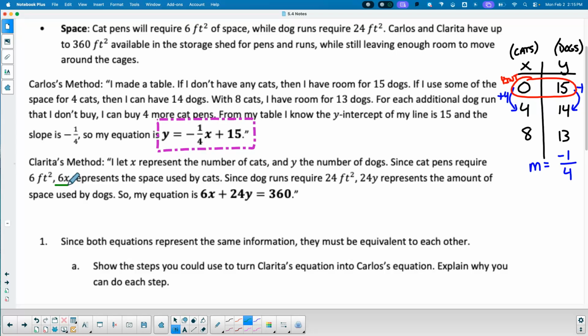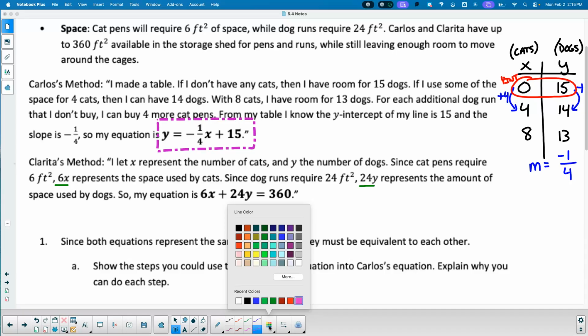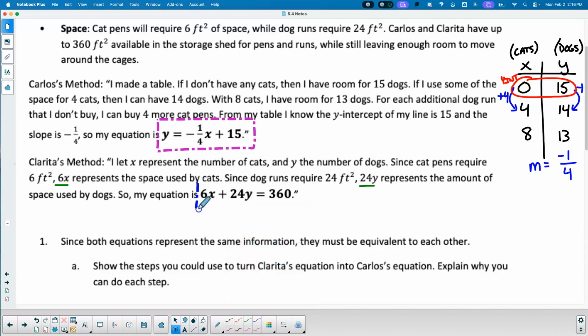Then she said that dogs require 24 square feet, so 24y would be how much space the dogs use. She added those two together to get her equation and then set it equal to 360 because that's how much space she's got to use. Okay?